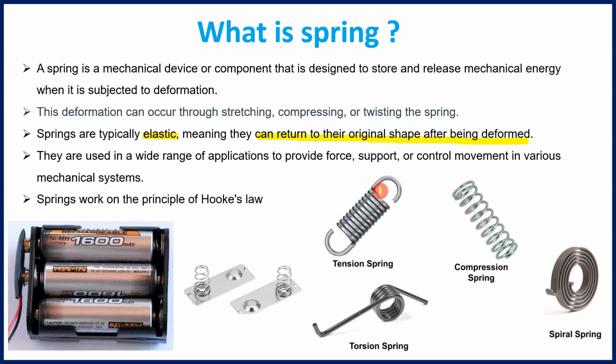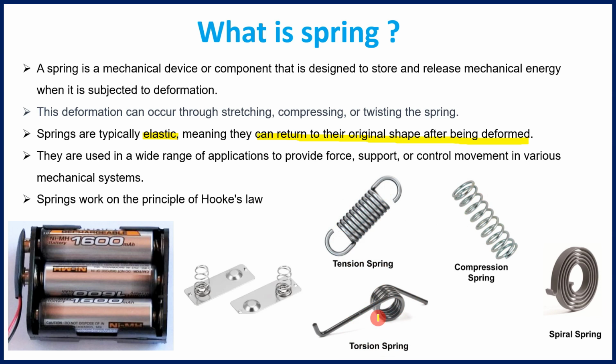We are stretching the spring on this side, and this one is a compression spring, so we are applying a compression force. In this type of spring, the spring reduces its length, and the tension spring increases its length.